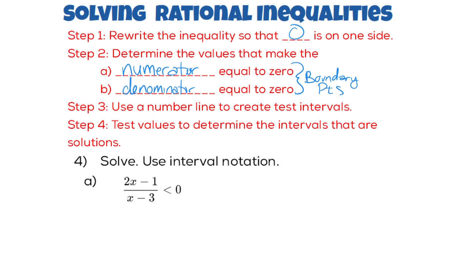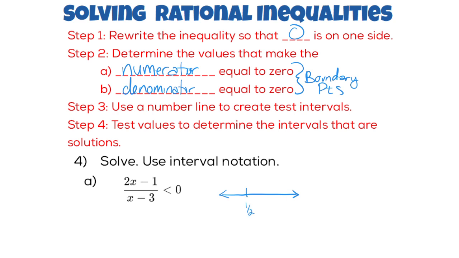I want to solve this. The first thing I want to make sure is that 0 is on one side, and I'm being nice here because 0 is on this side, so that's good. Whatever makes the numerator 0 and the denominator 0 are your test points. So I can see here that if you set this equal to 0, add 1, divide by 2, 1/2 would be one of my boundary points, and the denominator would get me a 3.